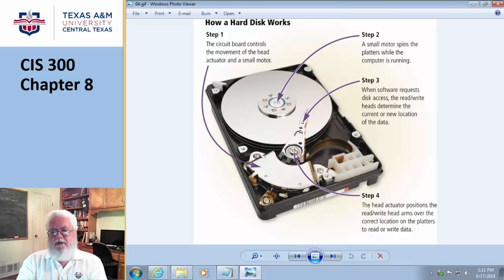And the reason is, it used to be pretty simple to lay down tracks, because I had tracks starting right here really close to the hub, and let's say, I'm making these numbers up, it had 16 spots that it could use, and on the outer edge it had 16 spots that it could use. Well, these are moving faster, aren't they? Right? Than the ones in here, just from mechanics. And so newer hard drives don't have the same number of spots as it moves out towards the circumference.